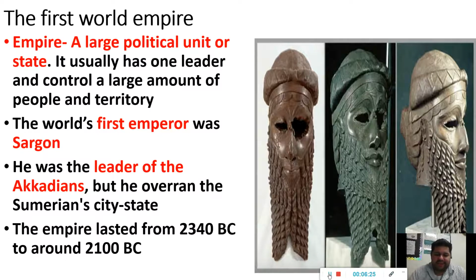And the thing is, they only lasted for about like 200 years. But the thing is, they were still technically the world's first empire. Okay, so that might be a question on your test. Who was the first world emperor, type of thing.